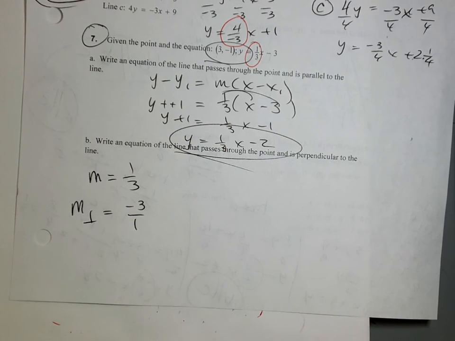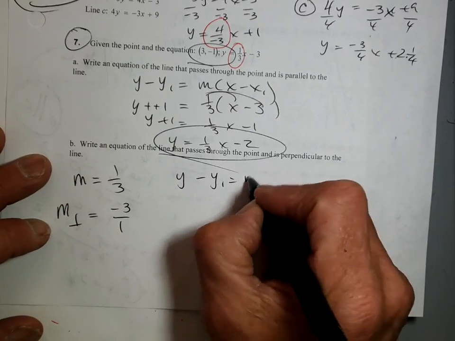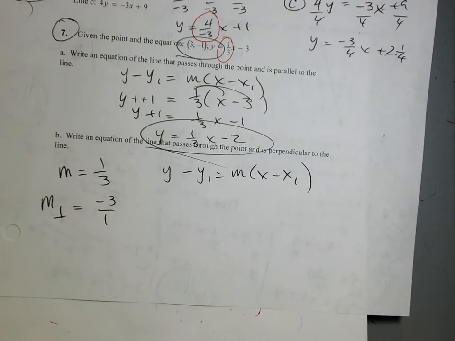Yep. So let's do the same thing we just did. Y minus y1 equals m times x minus x1, except we're going to put -3 right there. Still got to go through the same point, right?